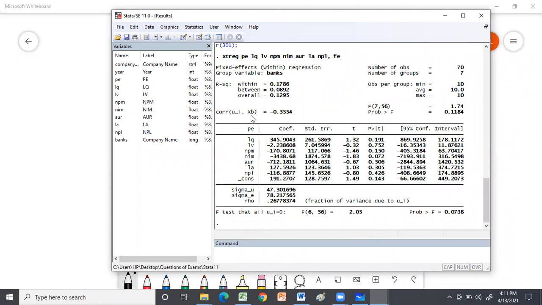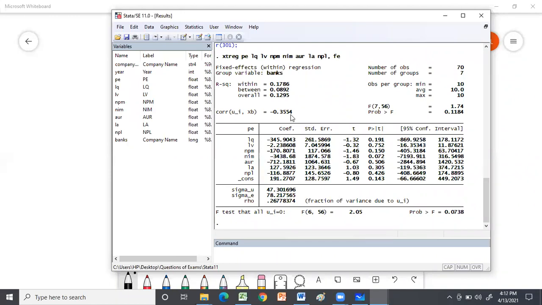Within the entity, these error terms are correlated with the explanatory variable. Xb stands for the explanatory variables' coefficient. Here we can see that the correlation between the error term within the entity and the explanatory variable is found to be minus 0.3554. Can you see that?